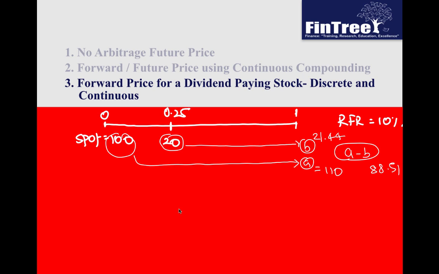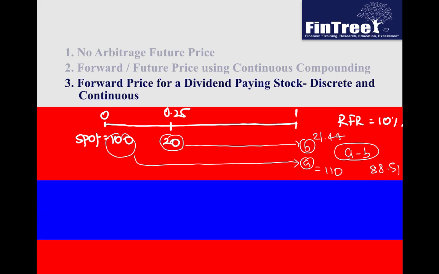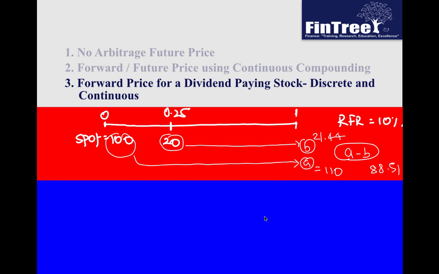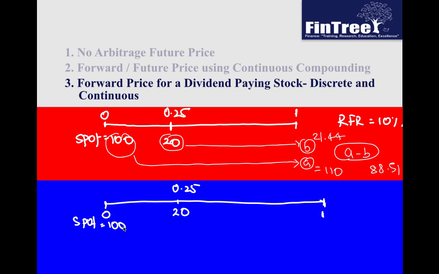Now the second mechanism. Same scenario. This is time 0 and this is time 1. At 0.25 we have a dividend of 20 and the spot price was given as 100.